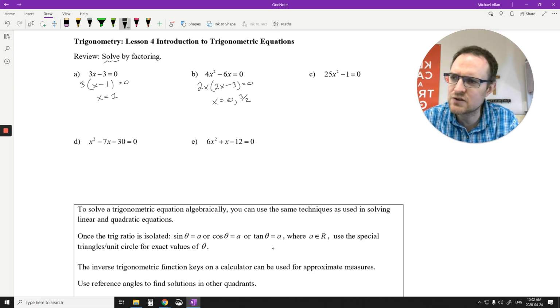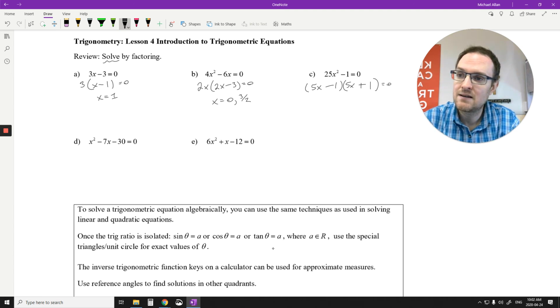This one's a difference of squares. So remember, with difference of squares, you get whatever the square root of 25 is. That's 5 and 5, and then x squared is x times x. Then 1 times 1 gets us 1, but we need a negative 1. So one of these has to be negative, one has to be positive. So that's the difference of squares because of the minus sign, right? So I'm going to write that at the top here.